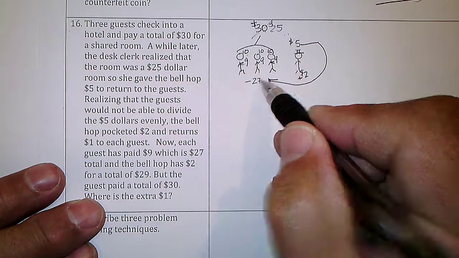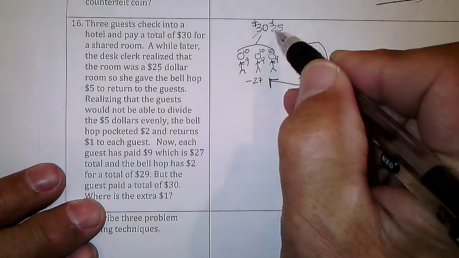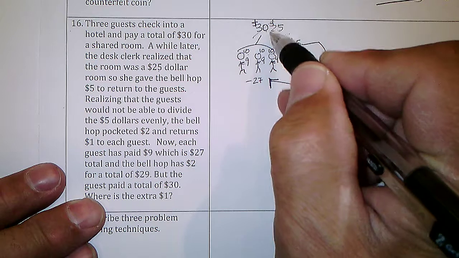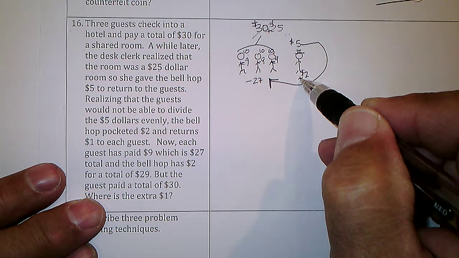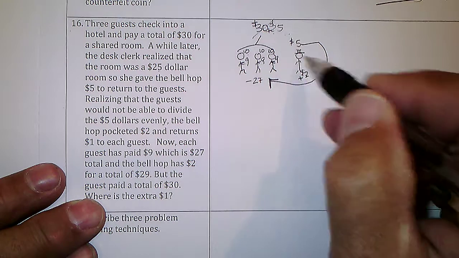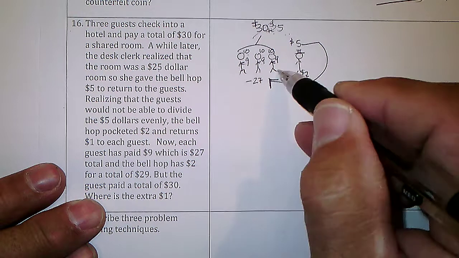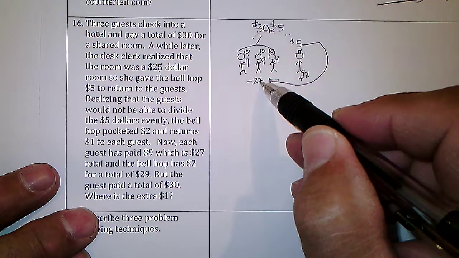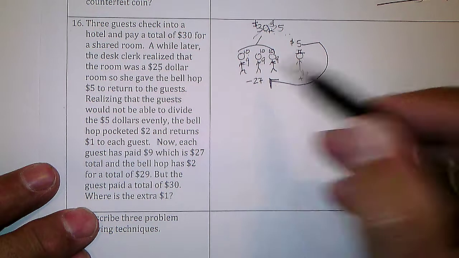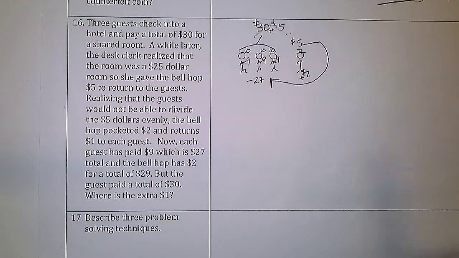These guys are out. And the hotel is plus 25, and the guy is plus 2, making 27, of the 27 they're missing. It's improper to add the 2 to the 27 and make 29 and try to figure out that's the 30. We're not adding the same things. So you would have to explain that to me if this was the test question.